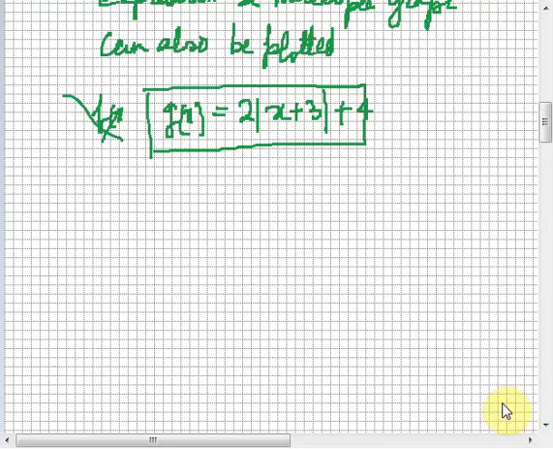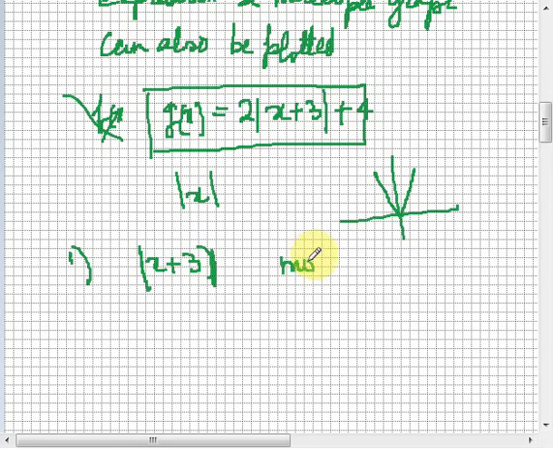What we will do, we know the graph of mod x. The graph of mod x is just like that. So first step, we will make x plus 3. What will be x plus 3? Mod x plus 3, move the graph by 3 points, right?